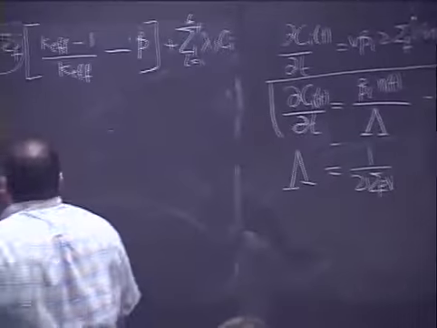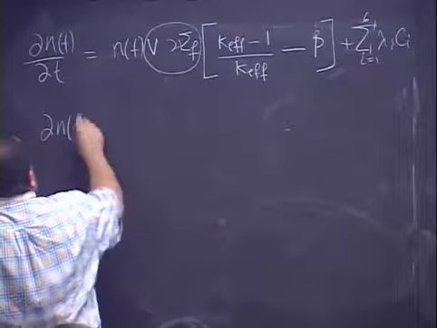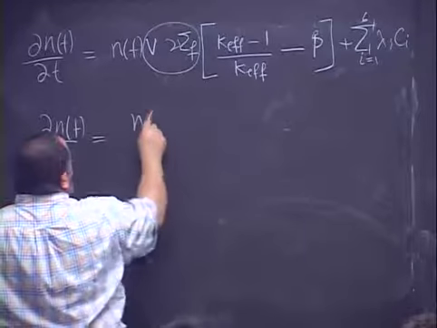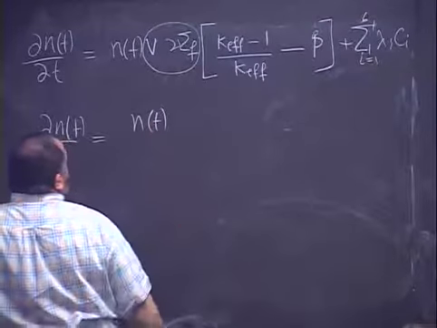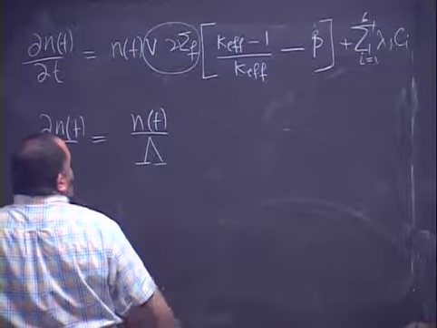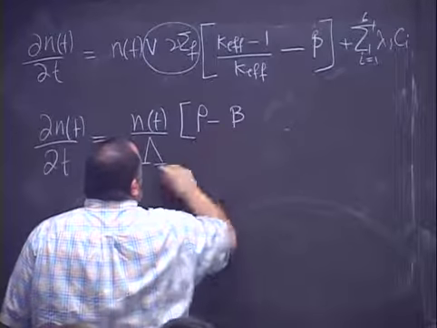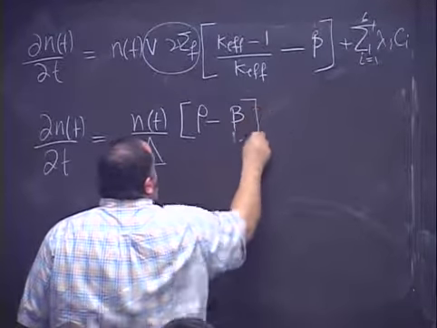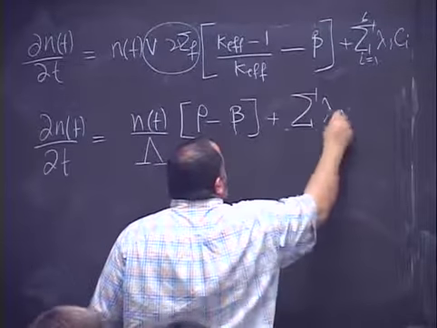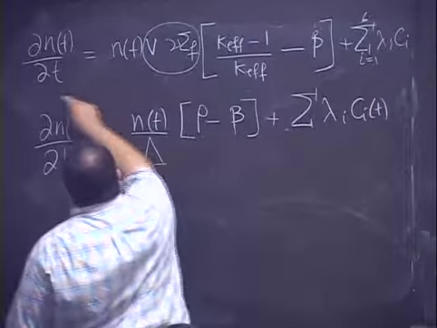So this will be N of t divided by gamma, multiplied by rho minus beta, plus lambda i Ci of t. And this is the second equation.